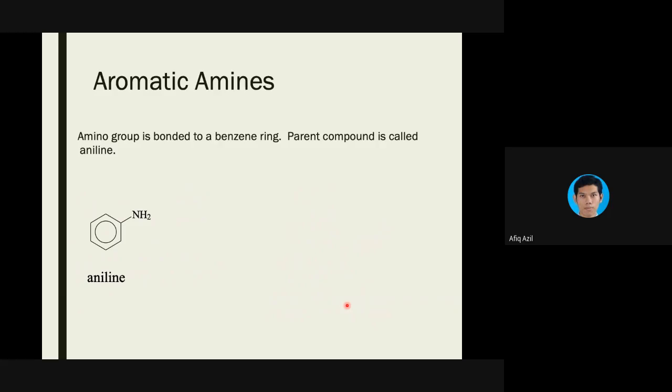So an amino group that is bonded to a benzene ring has a specific name, in which the parent compound is called aniline. You have benzene attached to NH2, so it will be called aniline.